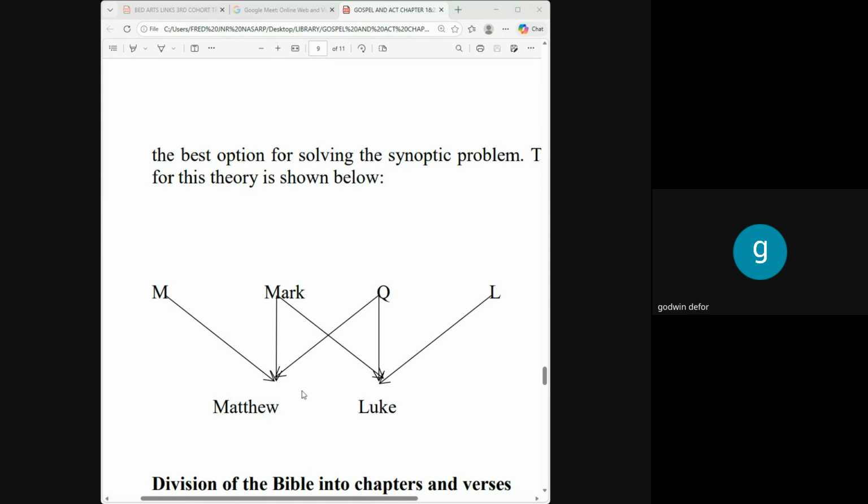We are just looking at the solutions that some scholars try to propound so that the problem concerning synoptic will be solved. So we go straight to the solution or the hypothesis or the theories and see which one of them answers the problem.